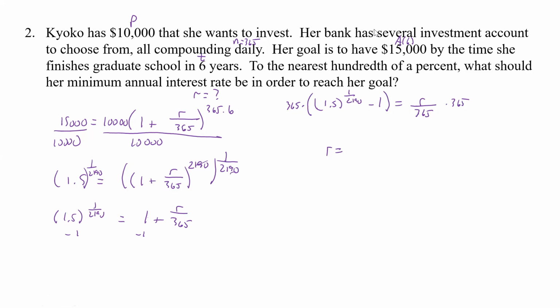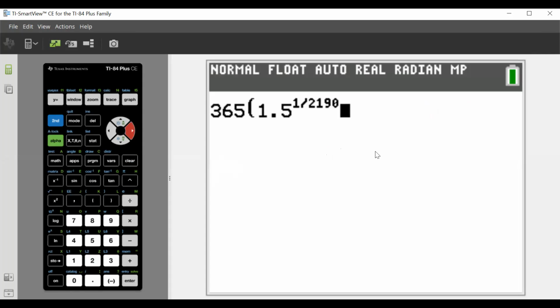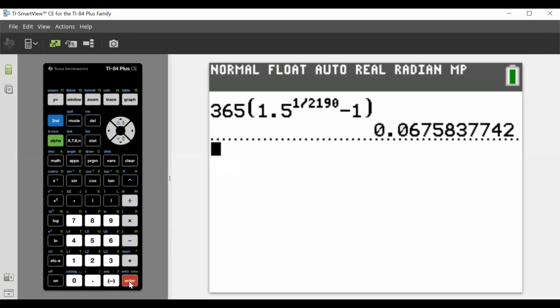Okay, so let's go do that. So let's clear everything so we have a clear slate. So we're going to take 365 times, and we had the 1.5 to the 1 divided by 2190. Now this is where you need to remember to arrow down, and then we had minus 1 in parentheses, enter.